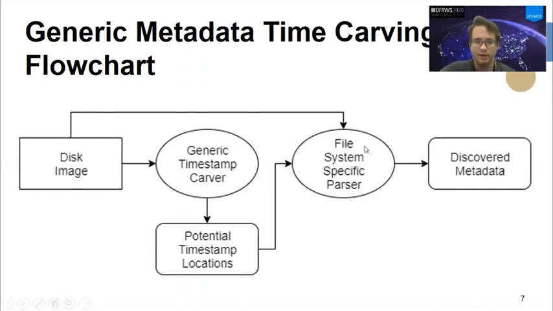And so we have a follow-up program, which is a file system specific parser, whose intention is essentially to filter out all of the false positive metadata entries from this list. The output from this program is essentially a list, a text or Excel file, of the discovered metadata for that particular file system.